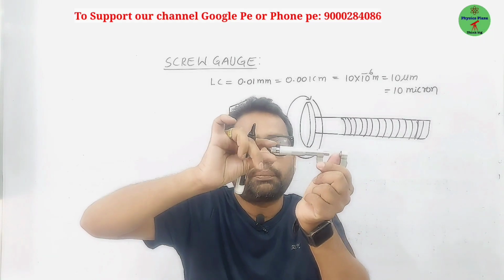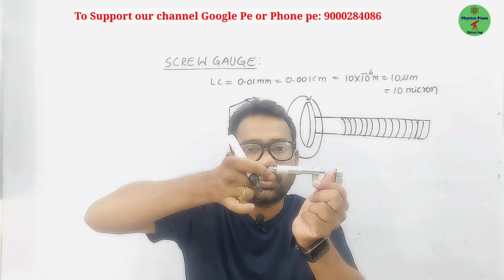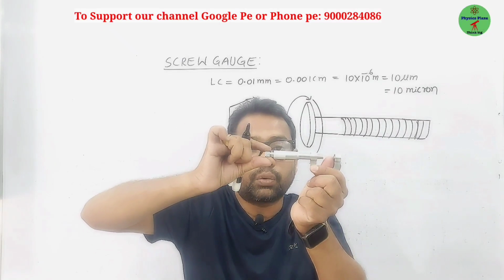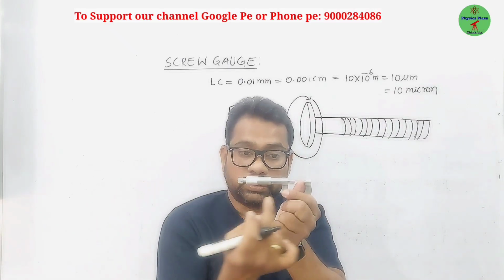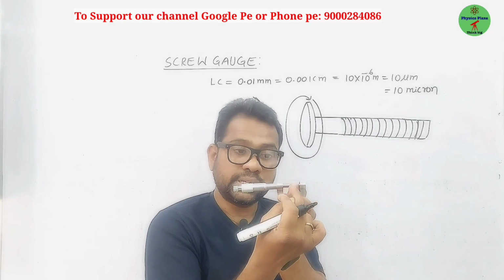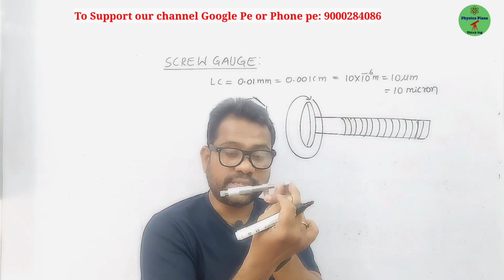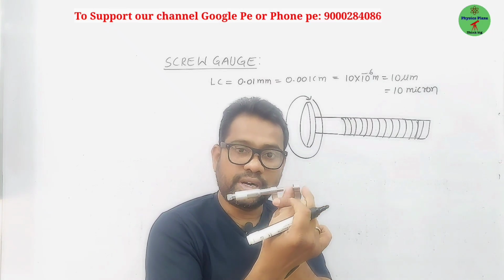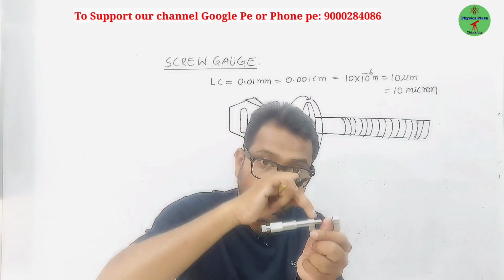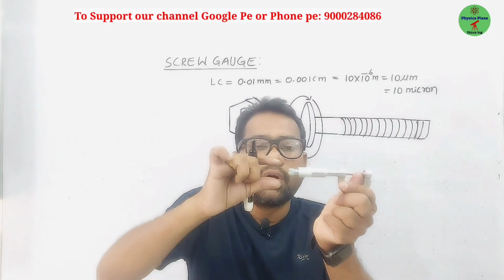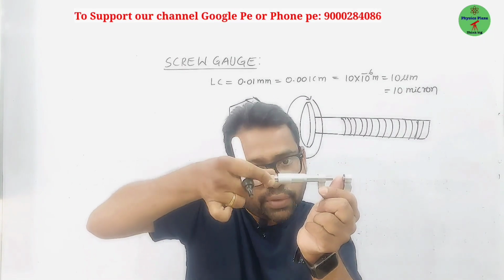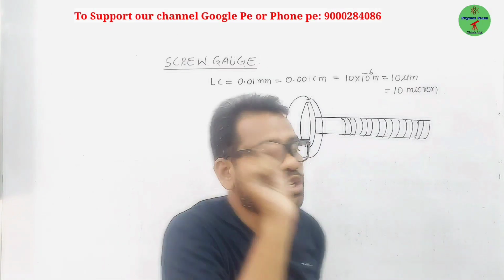So for one complete rotation of the head of the screw, I repeat, for one complete rotation of the head, this screw advances some distance along its axis. This distance covered by the screw along its axis for one complete rotation of the head is called the pitch of the screw.